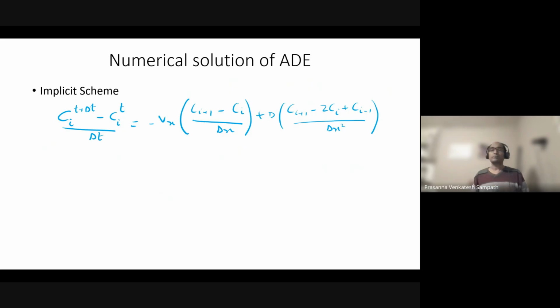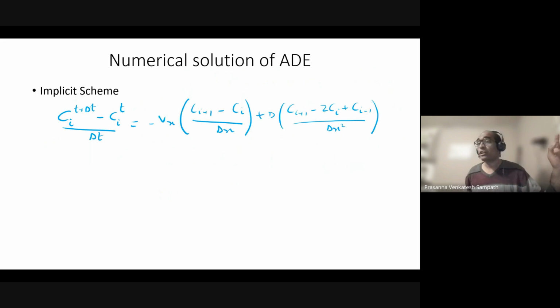Ci plus 1 minus Ci divided by delta x plus d times Ci plus 1 minus 2 Ci plus Ci minus 1 divided by delta x square. Now, up to here, everything is the same as the explicit scheme.